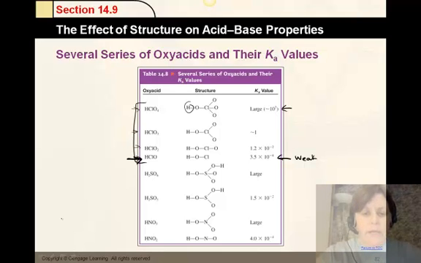Notice that chlorine, if we're looking at the central atom versus sulfur versus nitrogen, I would say that HClO4 is the strongest of the three because chlorine is the most electronegative of the three elements there: chlorine, sulfur, and nitrogen. So there is a relationship between acid strength and that central atom which is doing the pulling.